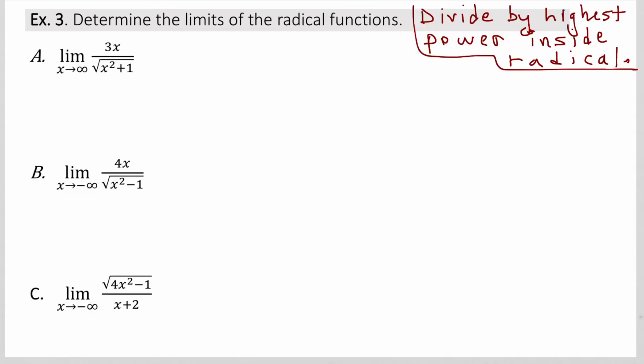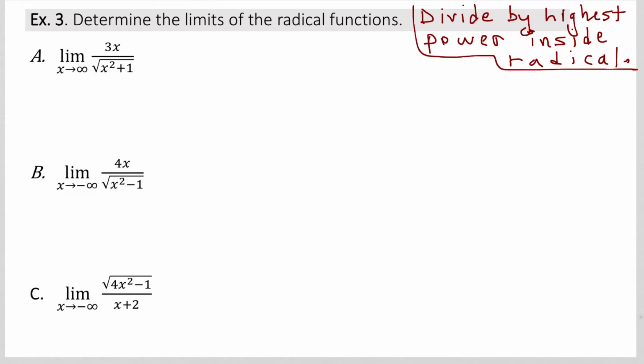So in this example, we're going to look at how to find infinite limits of radical functions, functions containing radicals. So these are square root examples. So what we do is we divide by the highest power that's inside the radical. So if I look at this first one here, my highest power inside the radical is x squared.